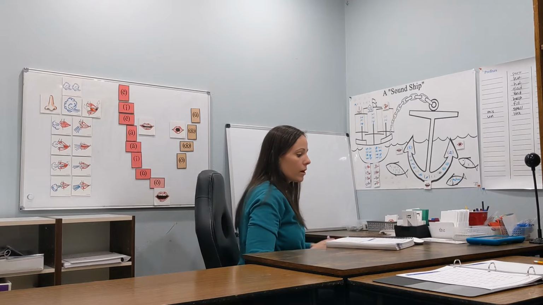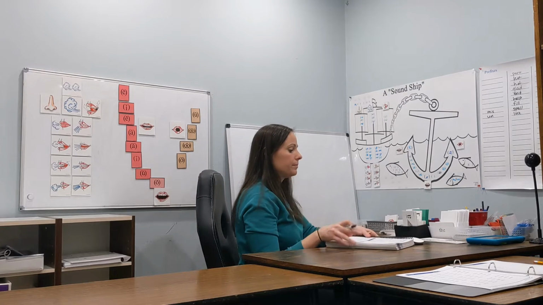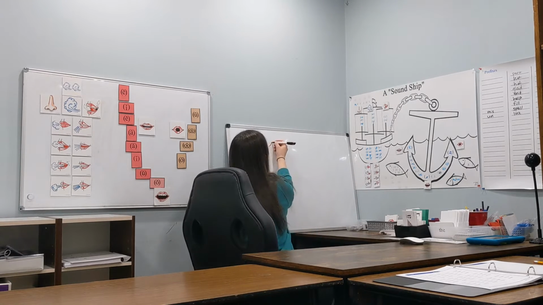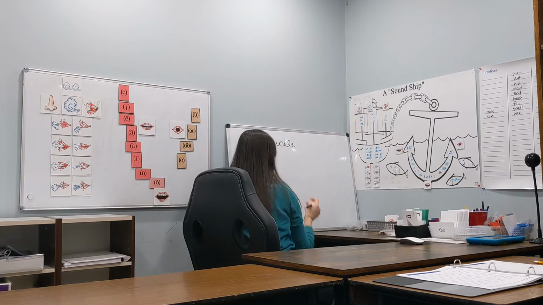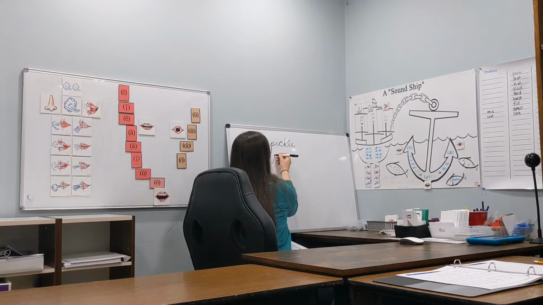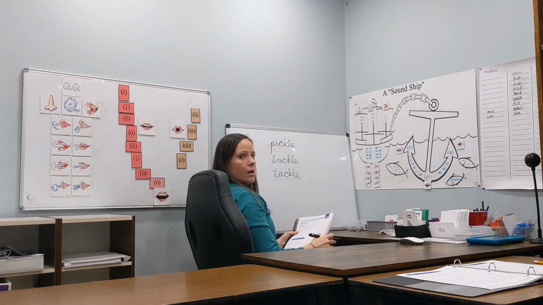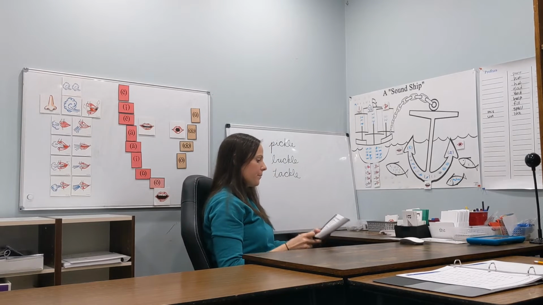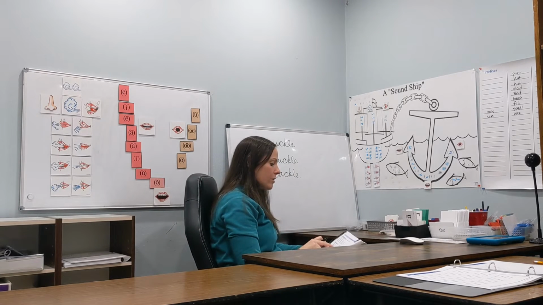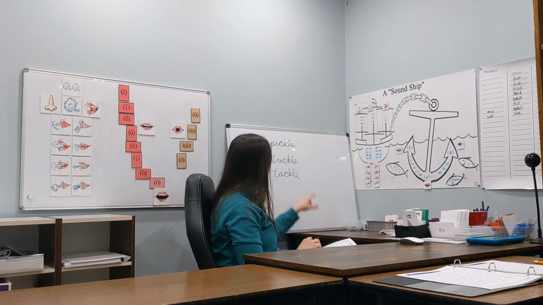Okay, so I'm going to write these words on the board. P-I-C-K-L-E, B-U-C-K-L-E and T-A-C-K-L-E. Alright, so what final stable syllable do we see alike?